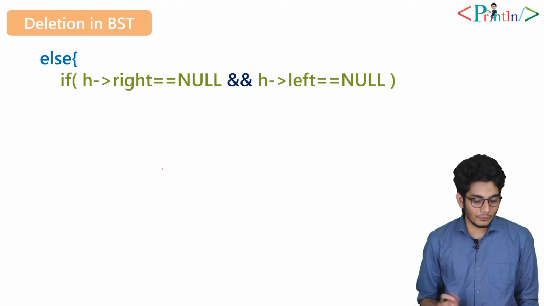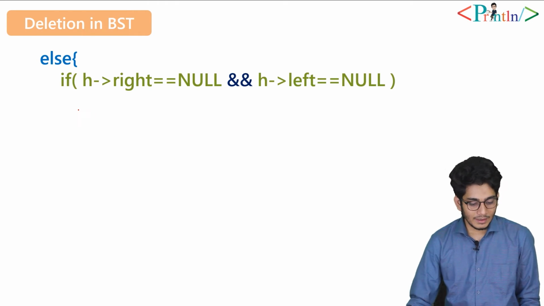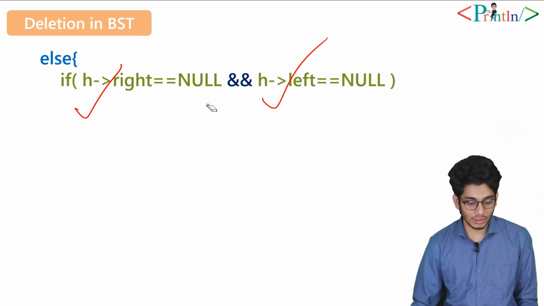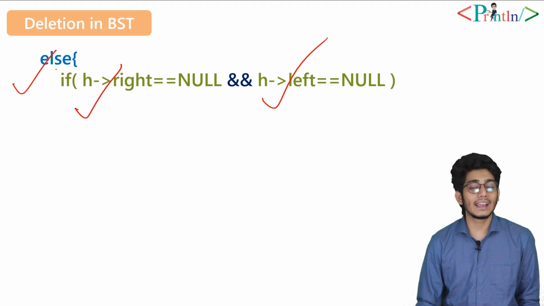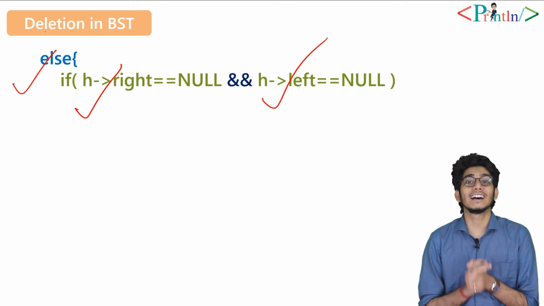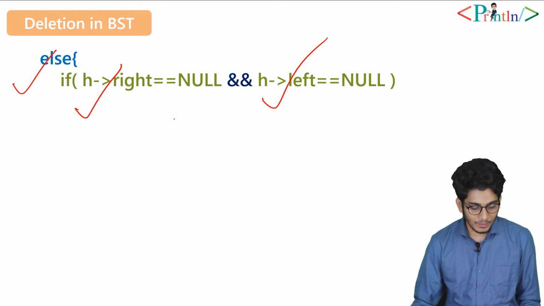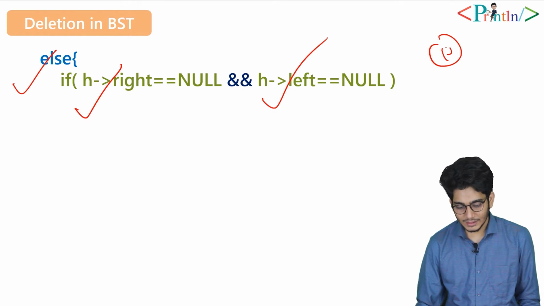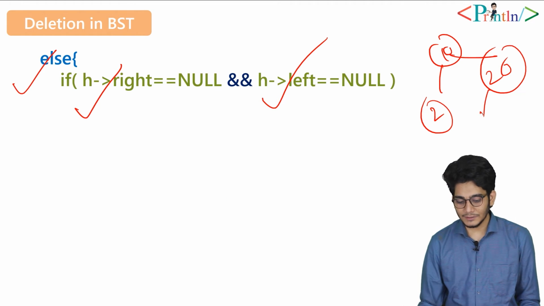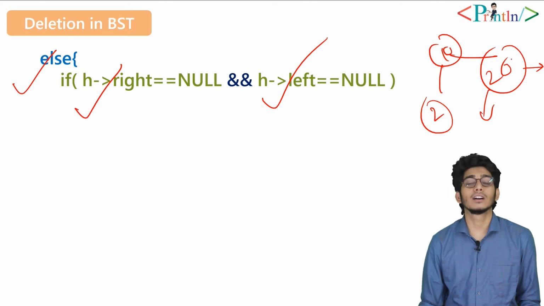Else we'll check whether h right equals null and h left equals null. When we come to this else case, it means we have found the value within the tree. Let's say the left of 20 is null and the right of 20 is also null.